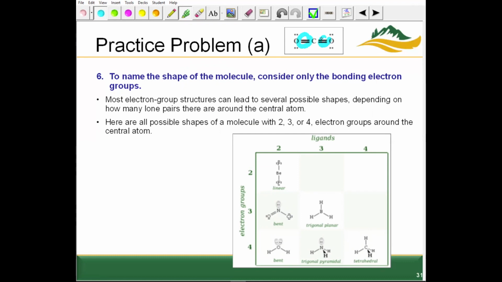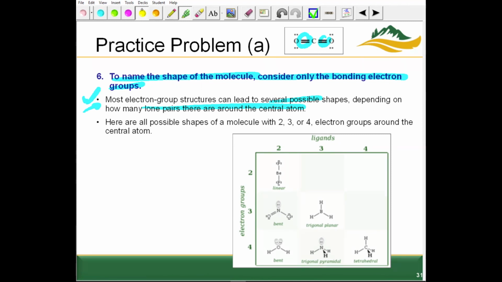And now to start to differentiate if we have bonding groups or non-bonding lone pair groups: to name the shape of the molecule, we only consider the bonding electron groups. And so we'll get more into this point. Most electron group structures can lead to several possible shapes depending on how many lone pairs there are around the central atom. We'll look more into this in the next part of chapter 10.